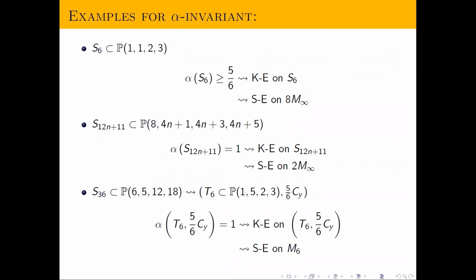That means you have the Kähler-Einstein metric on this del Pezzo surface, right? And this del Pezzo surface has rank 9, so it gives us a Sasaki-Einstein metric on 8 times the connected sum of S2×S3.